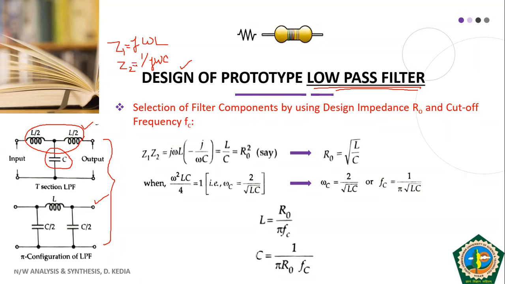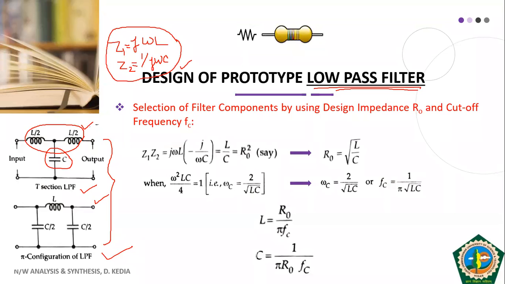That's it. We simply need to know that for a low pass filter, Z1 is this one and Z2 is this one. Whether it is T section or pi section is another thing. That is just the way we are representing or distributing those components. Otherwise, determining the value of L and C for a low pass filter will be the same for T section or pi section.